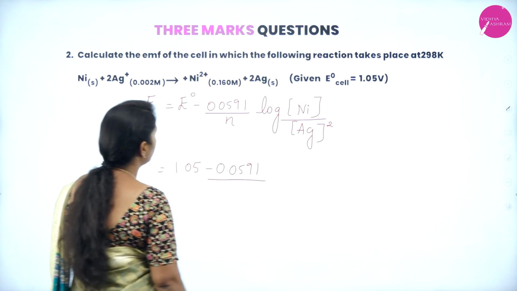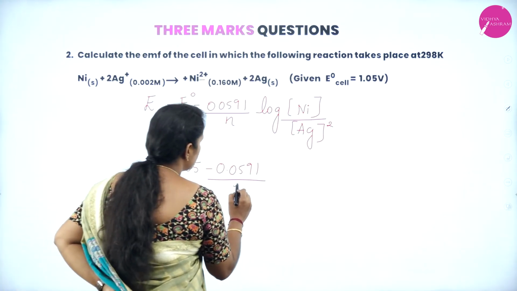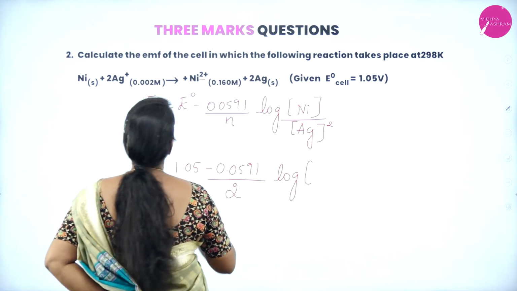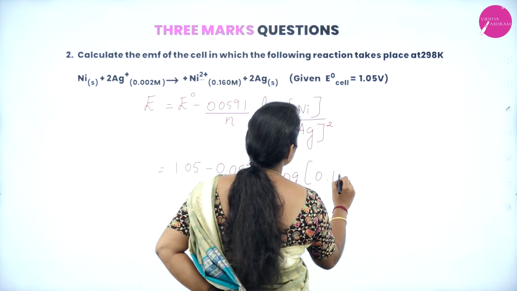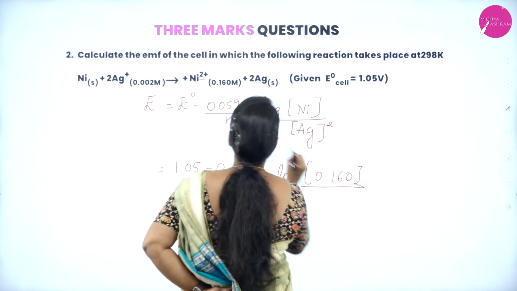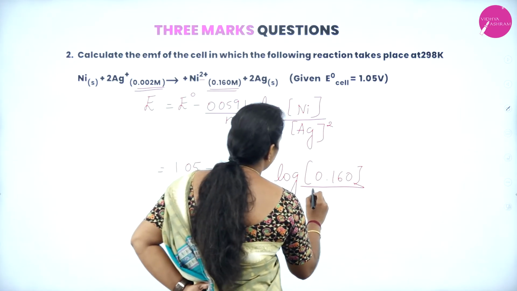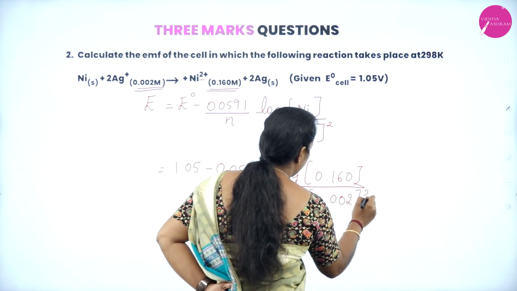So, how many electrons is the nickel losing? Nickel is losing 2 electrons, correct now? So, it is 2 into log of, what is the concentration of the nickel they have given? It is 0.160 they have given. And what is the concentration of the silver? It is 0.002 whole square.